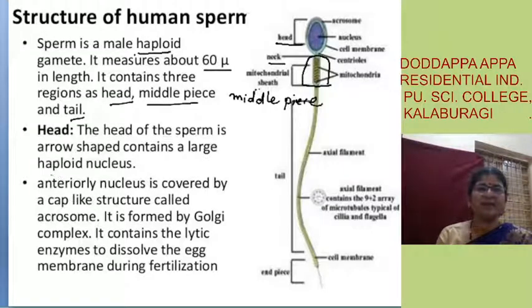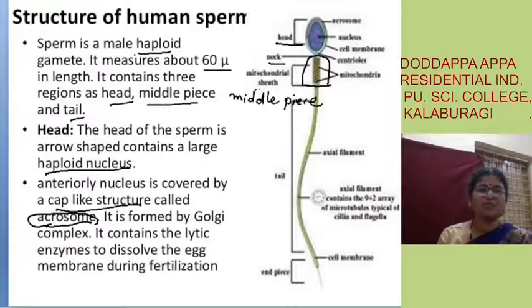In the head region you will see a large haploid nucleus, which contains the male genetic material. Anteriorly the nucleus is covered by a cap-like structure, this you have to remember, which is called acrosome. It is formed from the Golgi complex; you have to remember this.